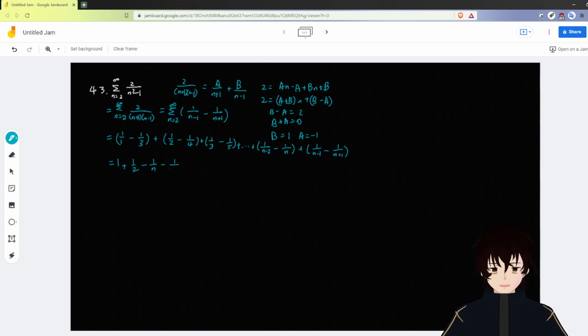Minus 1 over n plus 1, which goes to 0, so the sum is 3 over 2. Should I write limit?